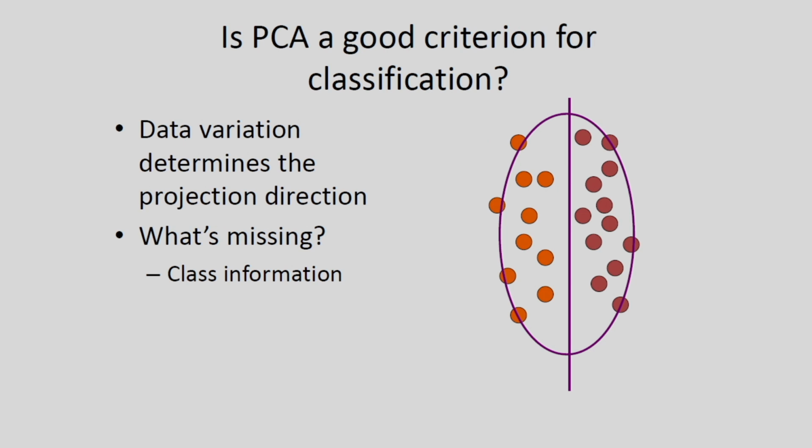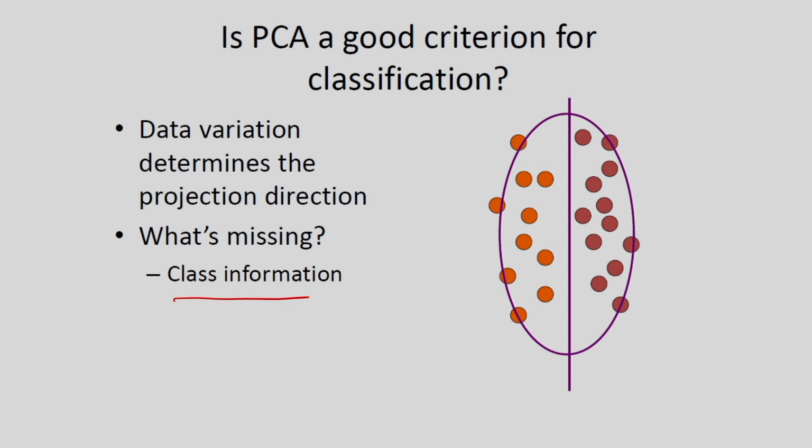Now the question is, is PCA a good criterion for classification? In the case of PCA, it finds the direction of greatest variance. Data variation determines the projection direction, but in PCA the class information is missing. We don't have the class information.